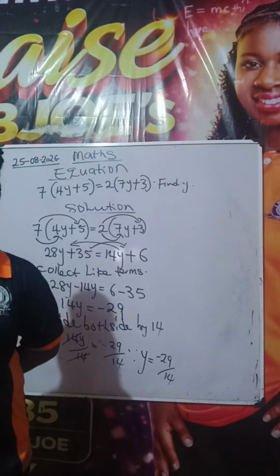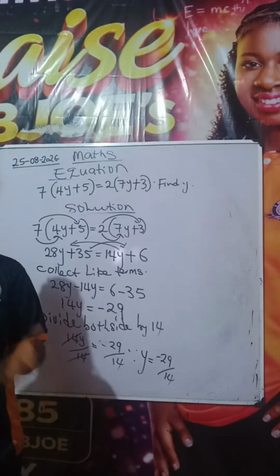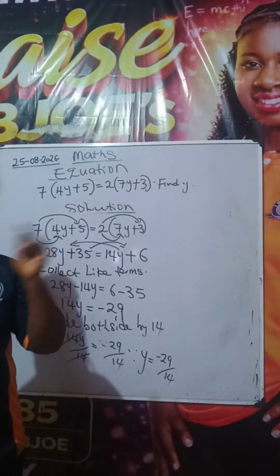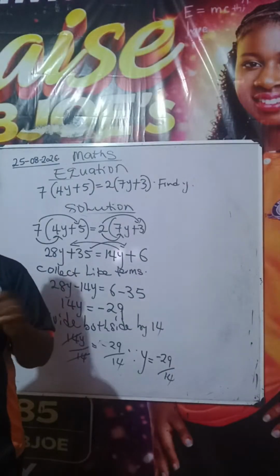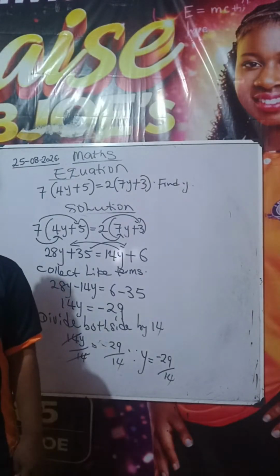So nothing can divide it. And minus 29 and 14, which one is bigger?